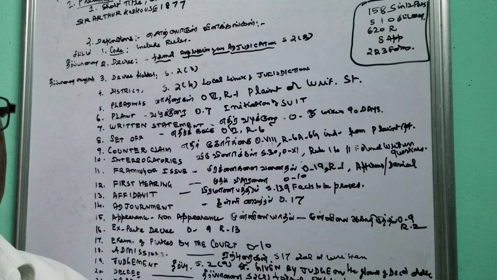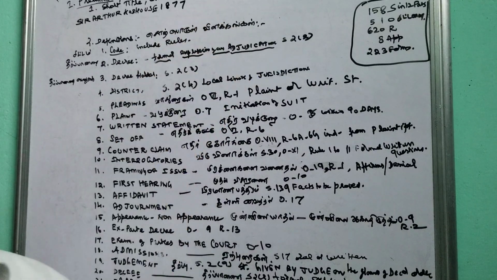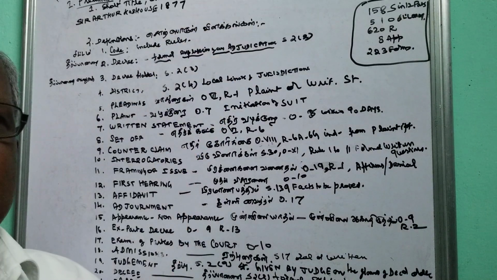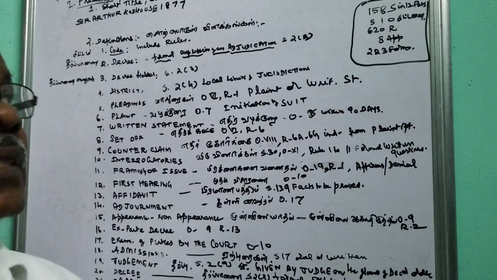It came into effect from 1st January 1909, though it was enacted on 21st March 1908. The extent is the whole of India except Jammu and Kashmir and Nagaland and other tribal areas.